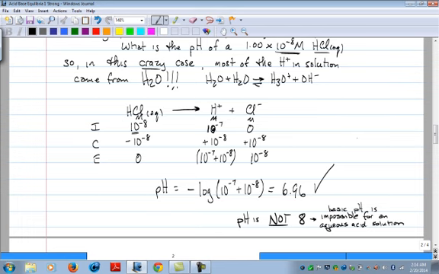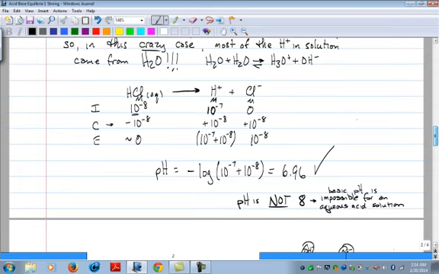So I almost always put 0 as the initial H plus concentration, because 10 to the minus 7 molar H plus from water is generally negligible for any normal problem. But here's one exceptional case where it would not be. So all of the HCl ionizes, as we see from the change line here. So that forms H plus and Cl minus aqueous, and we're left with approximately no HCl molecules in solution.